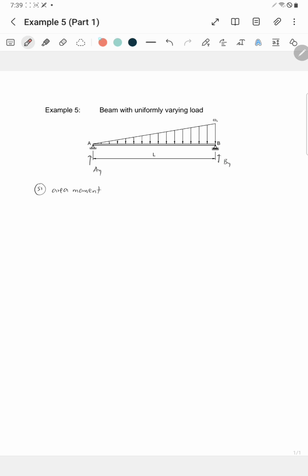Then to solve for AY, we take moment at B. So moment left equals moment right. So at point B, the moment left is, due to AY upward, the moment is positive and the lever arm is L. And due to this distributed load, which is downward, so negative, the total load is 1/2 LWO times its lever arm from right is 1/3 of L. So L over 3.